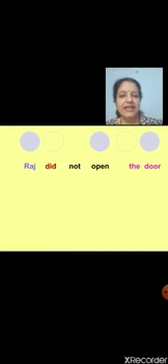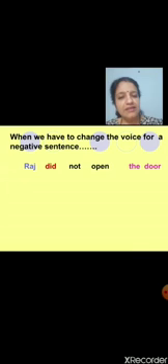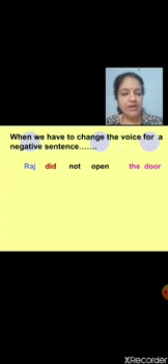Very good. Now, sometimes you may have a negative sentence. Let us see how the voice is changed for a negative sentence. It's simple. Raj did not open the door. Yes, the helping verb did indicates the sentence is in past tense.